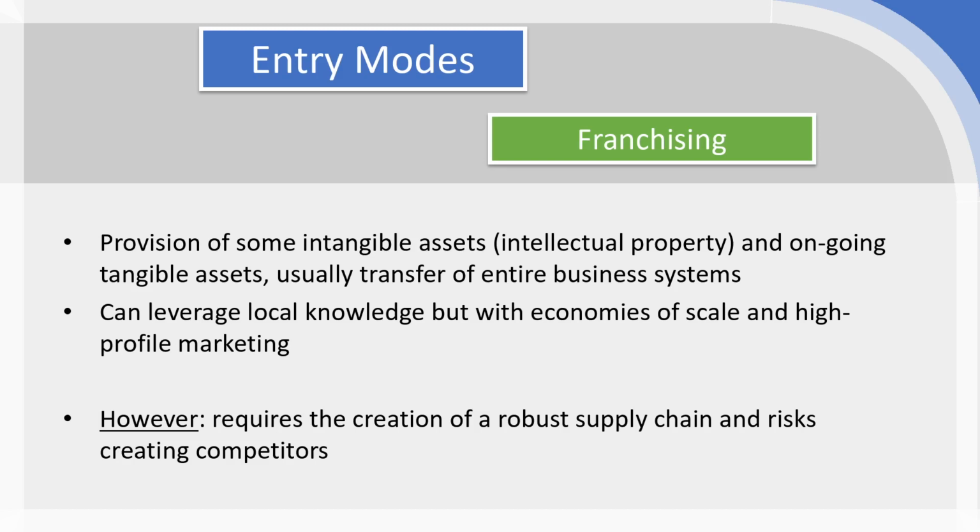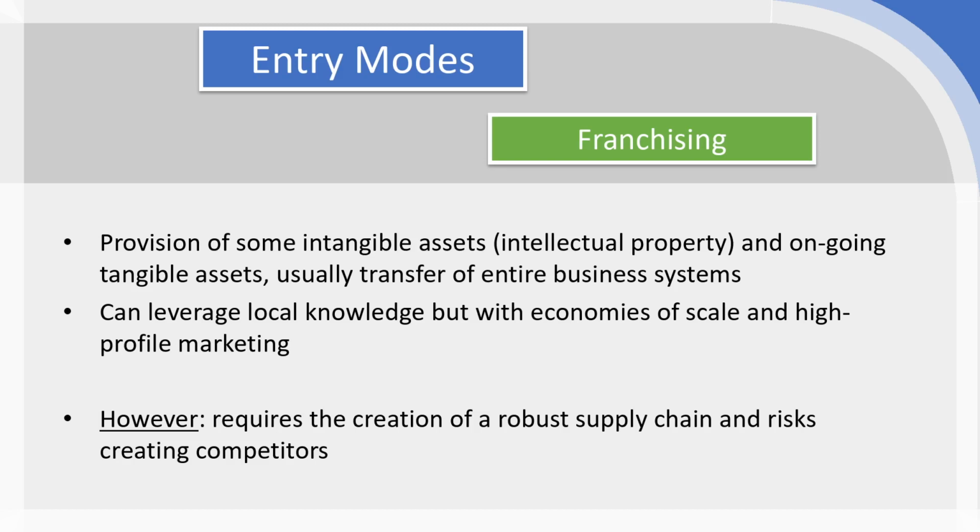So here we're combining both the licensing of intangible or non-tangible assets, but also along with the transfer of business systems. So we're talking about things like McDonald's or Burger King or KFC, where the individual owners and operators of specific McDonald's businesses or Burger King businesses are actually, for the most part, local business owners.